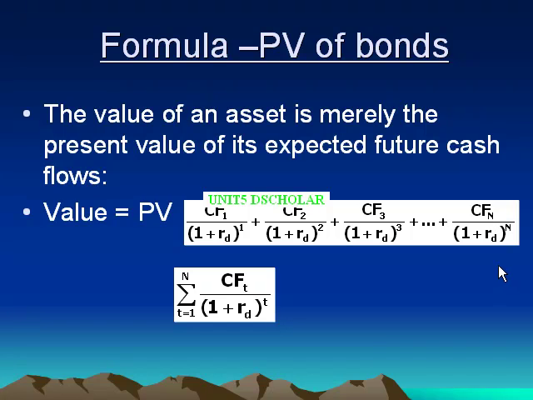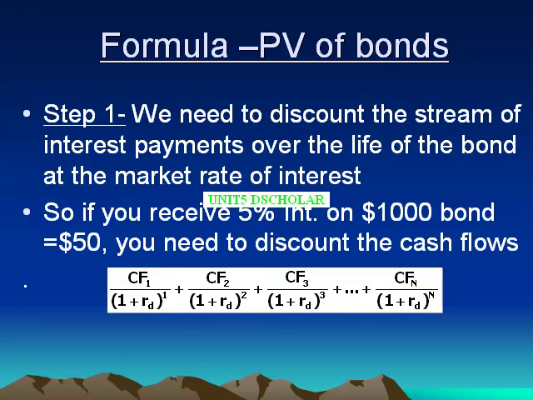We have a couple of ways we can do this problem. We can use Excel, we can use the formula, or we can use the tables. We need to discount the stream of interest payments over the life of the bond.